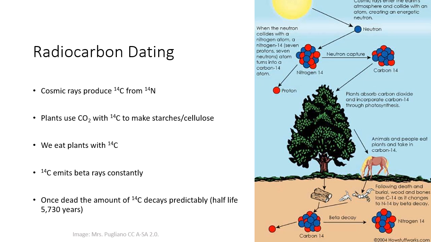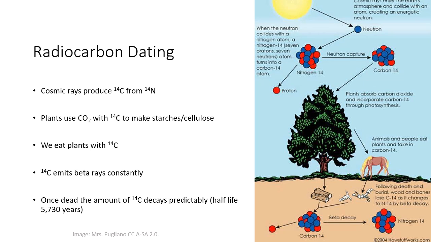All right, so this brings us to a practical application of radioactive material, and that is radiocarbon dating. So cosmic rays produce carbon-14 from the stable nuclide nitrogen-14. So nitrogen-14 is stable, but when it gets hit by cosmic rays, it can pop out a proton and produce carbon-14.